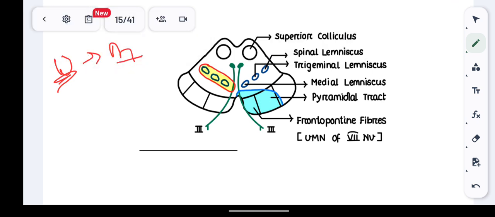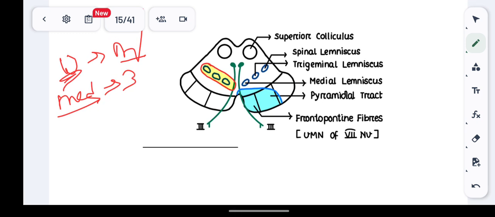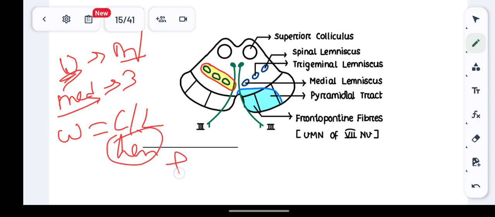And what did we study in this: which nerve is related to the midbrain? The third nerve. So what will be in Weber's? Contralateral hemiplegia, that is motor symptom, plus third nerve palsy. Many other symptoms and involvements are also there, but we just have to solve the question, so this is enough. Believe me, we can learn everything now, but at last we will not be able to remember.